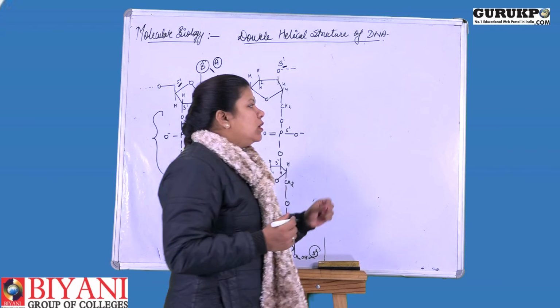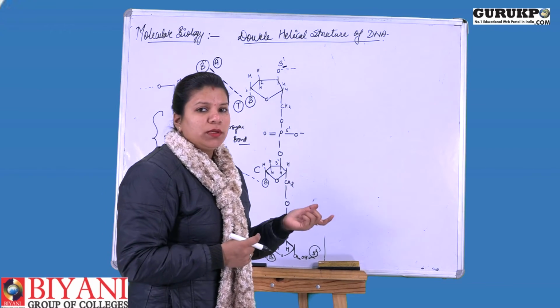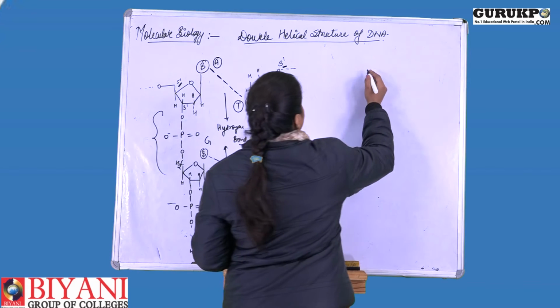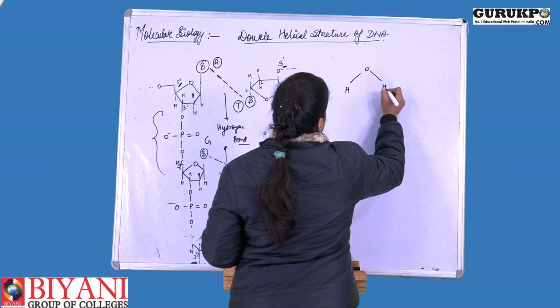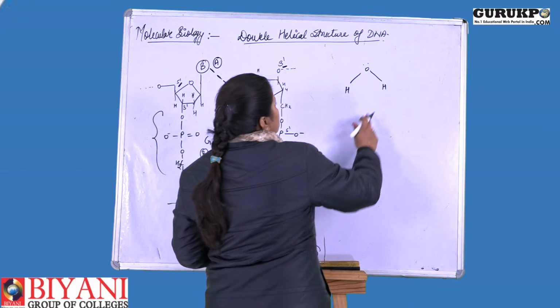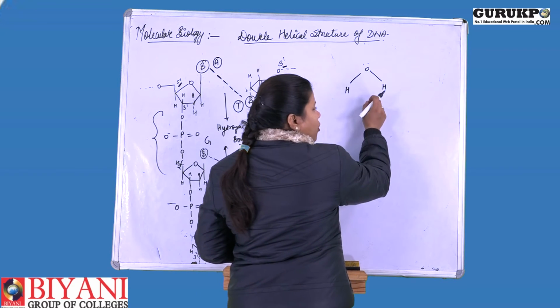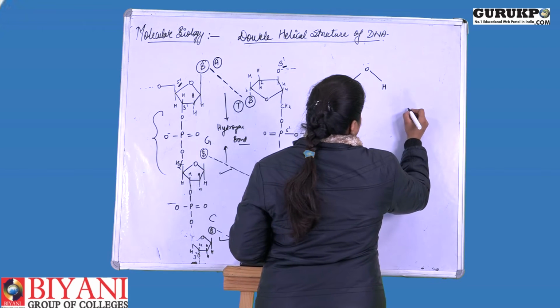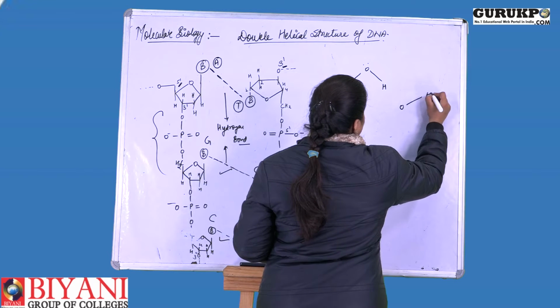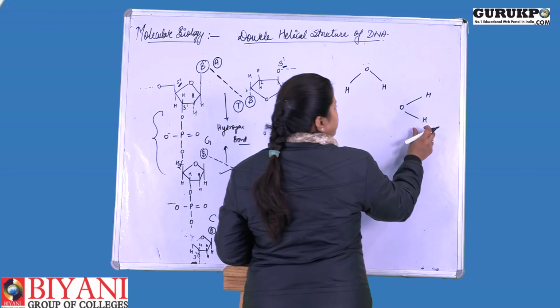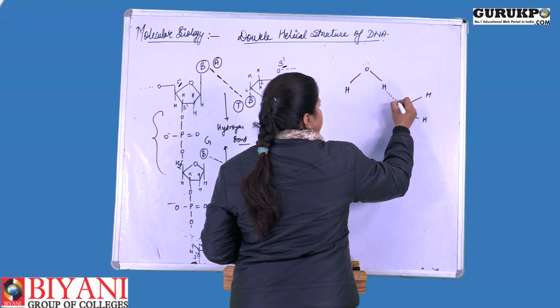The most common example of this is the structure of the water molecule, inside which weak hydrogen bonds are formed, like in this manner. This particular one, the molecule of water is bonded to another molecule of water in this manner.